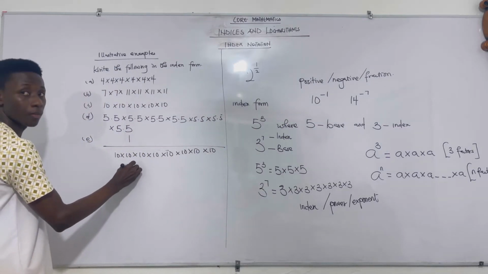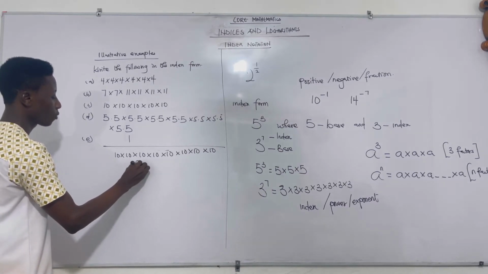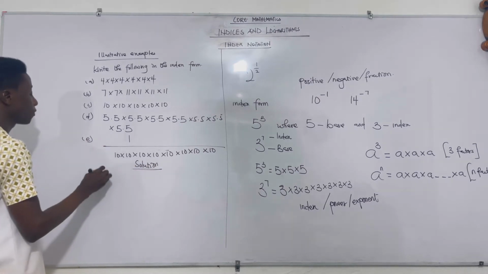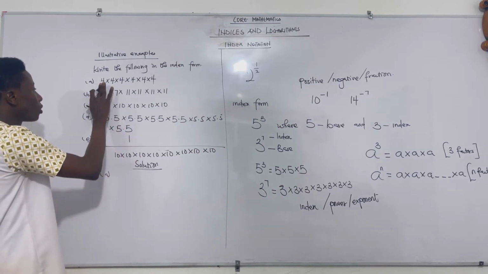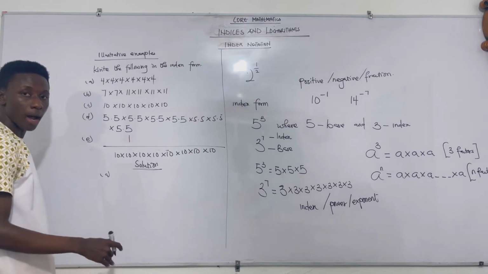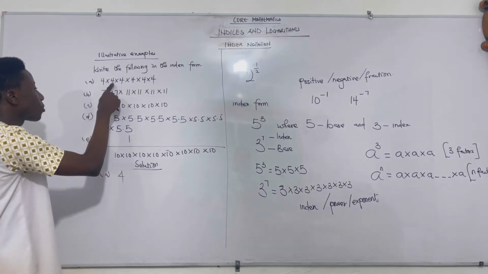Solution. For the first one, A, because the 4 is common throughout, you just write one of that, and then you count the number of occurrences.